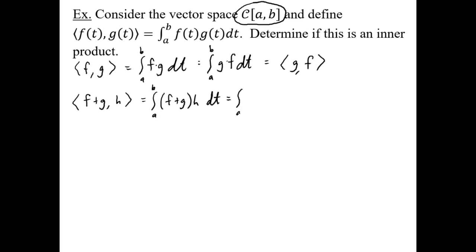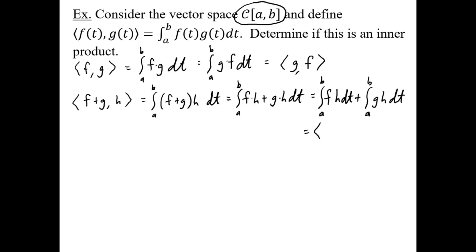This would be the integral from a to b of f times h plus g times h dt. We can split up the integral, right? That's one of the properties of integration: the integral of f times h dt plus the integral of g times h dt. And this would be the inner product of f and h plus the inner product of g and h. And so again, the second property has been satisfied.